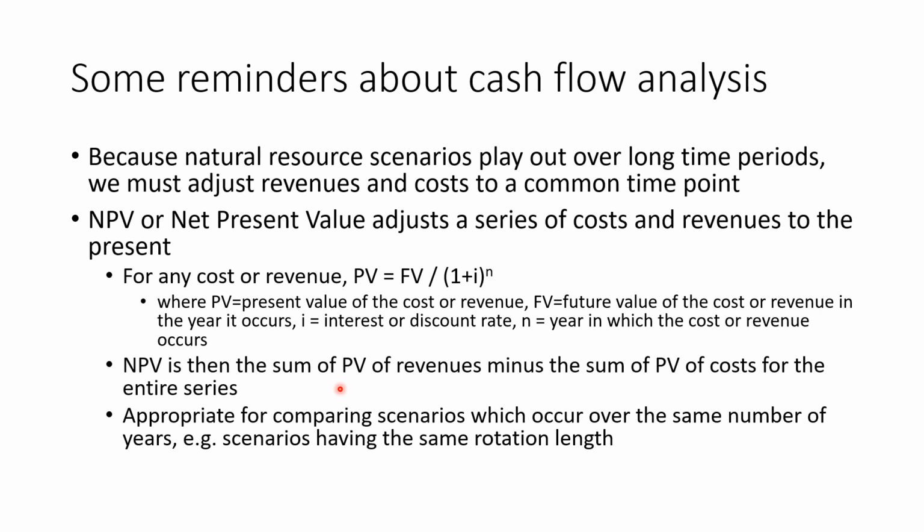Then for a series, so if we're looking at, for instance, a 25-year span of time, you would sum those revenues and sum those costs adjusted to present value and subtract the sum of costs, present value of costs, from the sum of present value of revenues, and that gives you the net present value of your scenario.